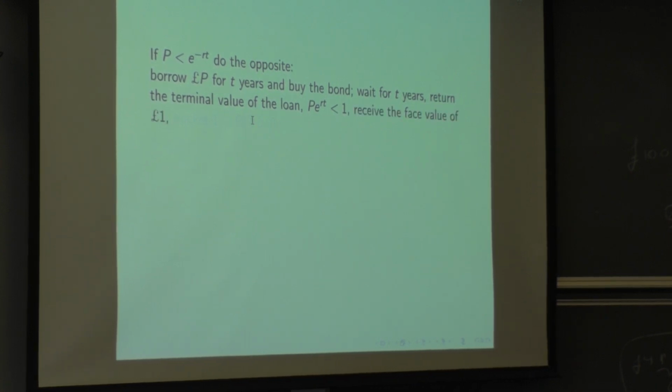And then you're going to be left with this positive amount of money in your pocket, which is what we're calling a free lunch. So this inequality cannot happen as well. This being greater than that leads you to a contradiction. This being less than that leads you to another contradiction. So the price of this bond is related to interest rates in precisely this form. So now we know what to write in here.